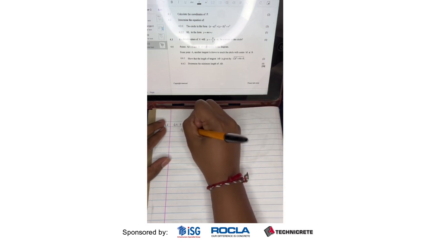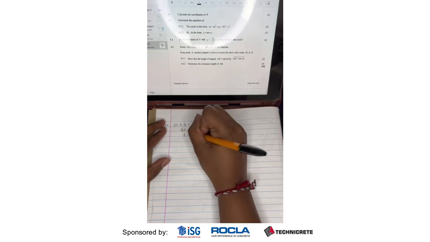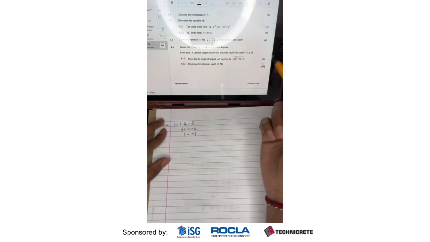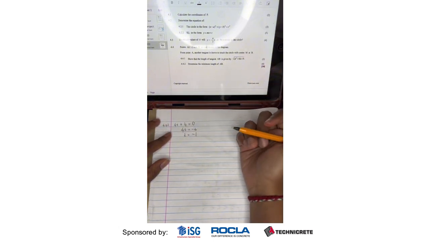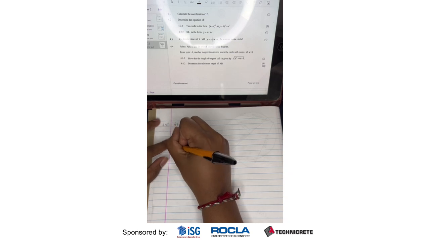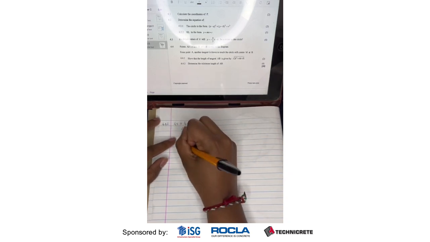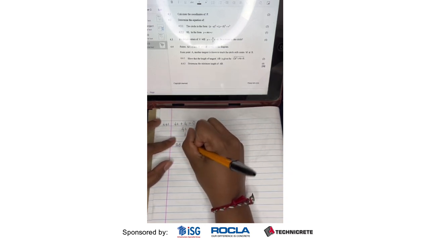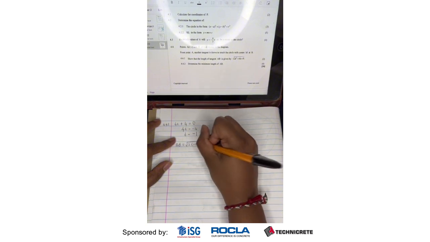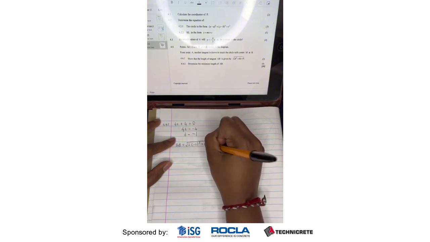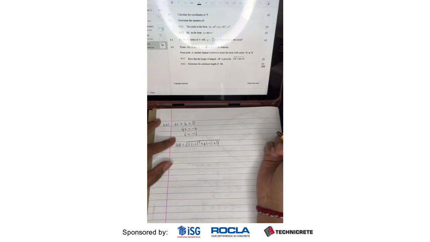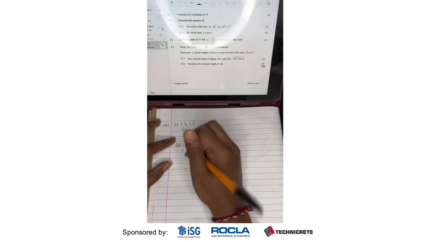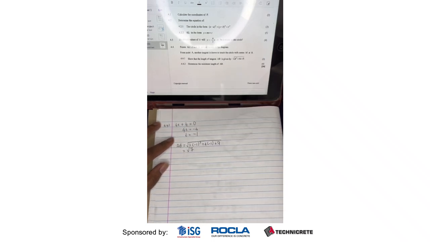Therefore, 4t is equal to negative 4, t is equal to negative 1. And then we can substitute t into the previous question to find the length. So AB is equal to the root of 2(negative 1) squared plus 4(negative 1) plus 9. And that, if you put into your calculator, is root 7.